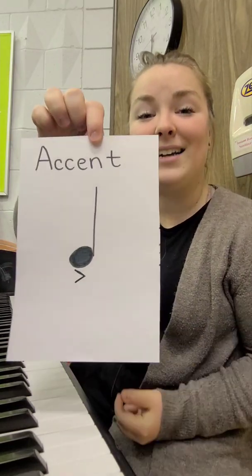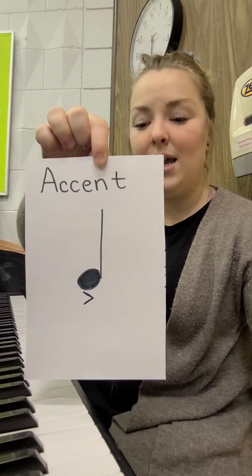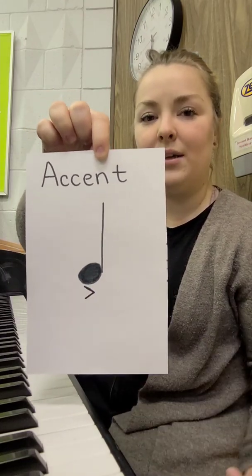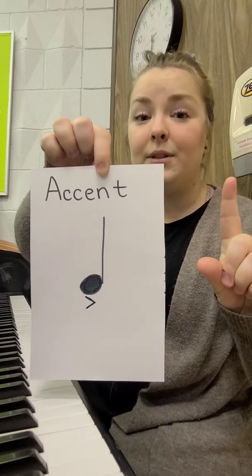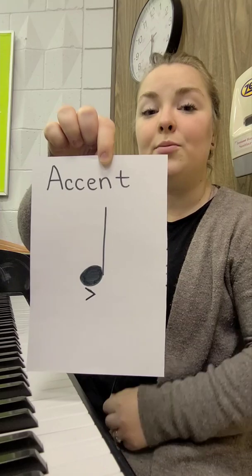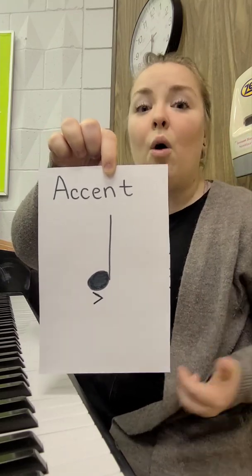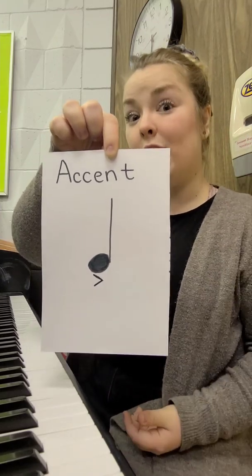Well, that is when I would use an accent marking. Do you guys see how there's like a little Pac-Man mouth down here? So whenever you see that on just 1 note, that means that you are going to put a little bit more weight or a little bit more emphasis on that note.